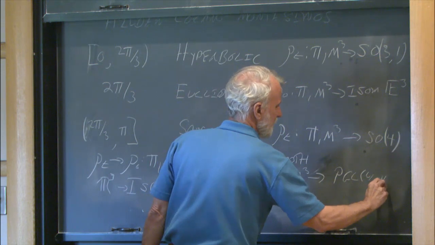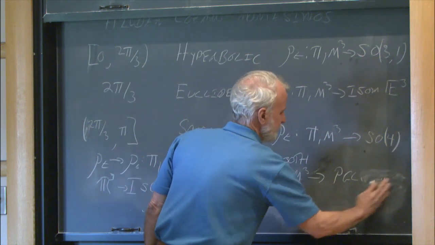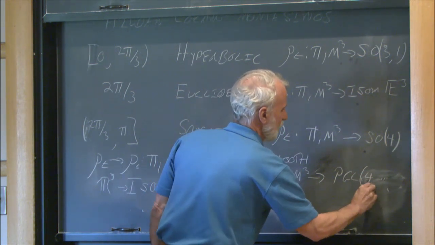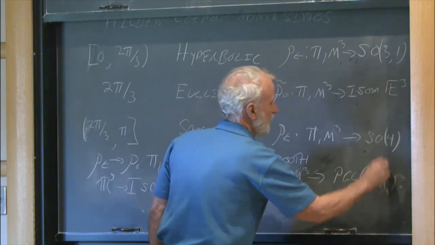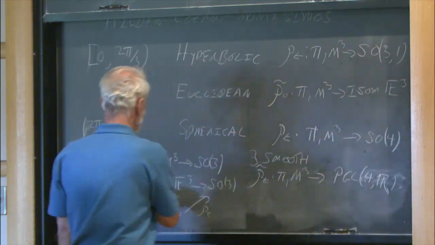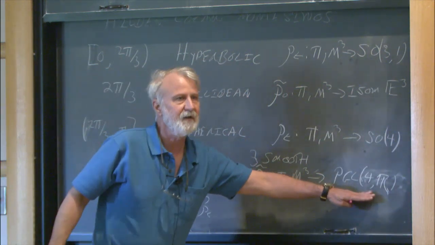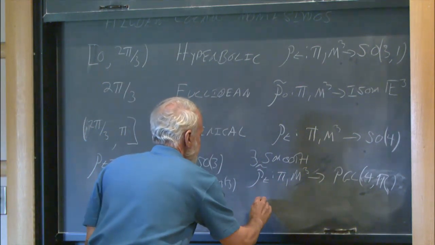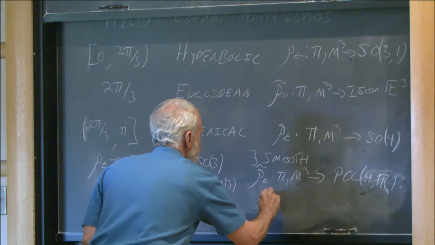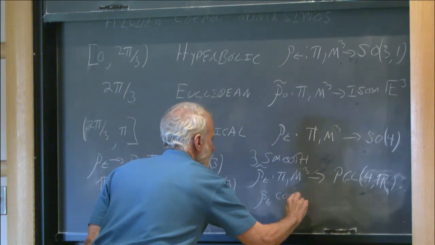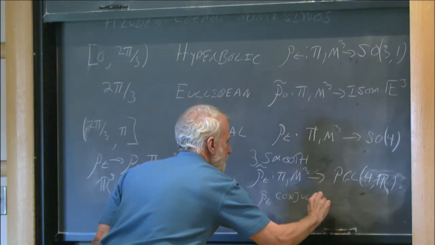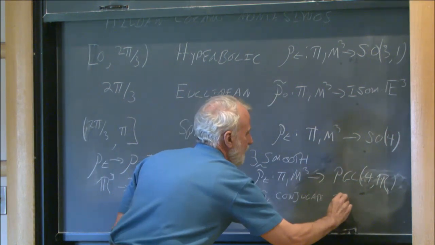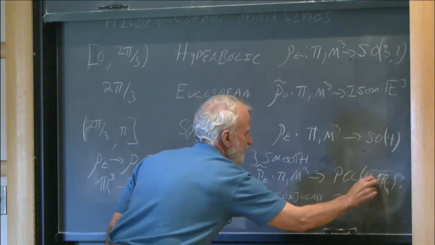PGL4R, which we can think of as containing all of these groups. And in fact, these are all conjugate to rho t in this thing here.